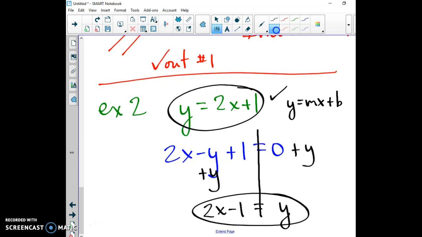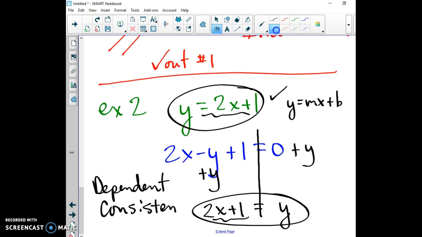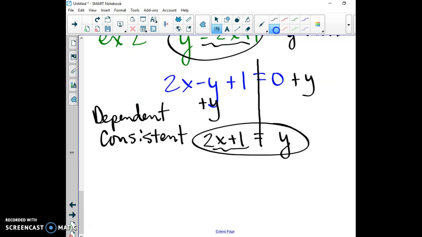Y is equal to 2x, I'm sorry, that's plus 1. Good catch. Y is equal to 2x plus 1. We have exactly the same line, so therefore we know those are dependent, and we also say that they are consistent. They are the exact same lines. I want you guys to go ahead and check it out, number 2, and show me that solution when you get a chance.